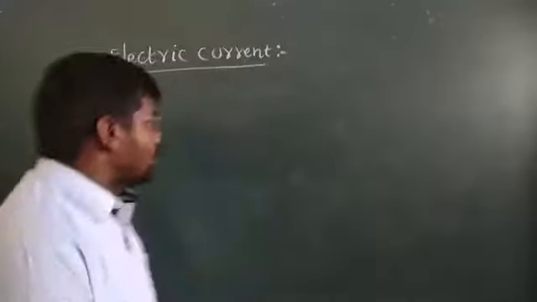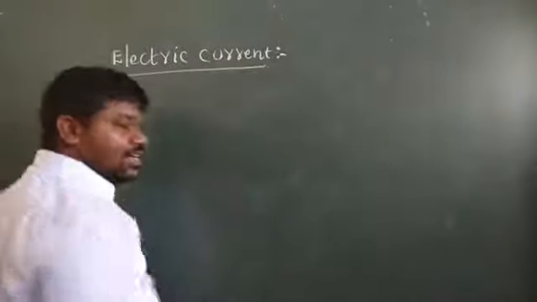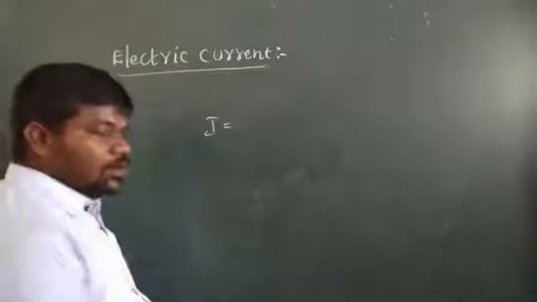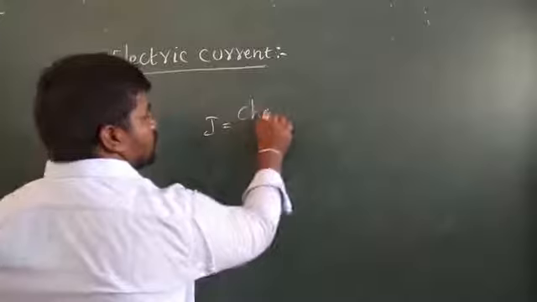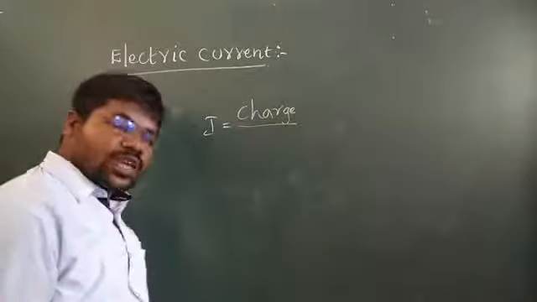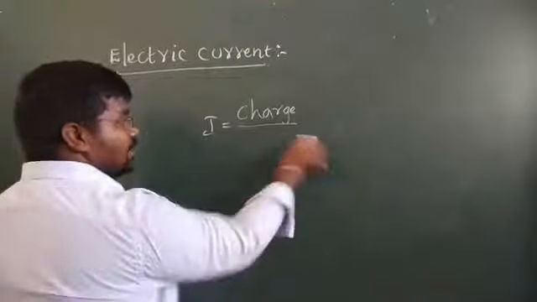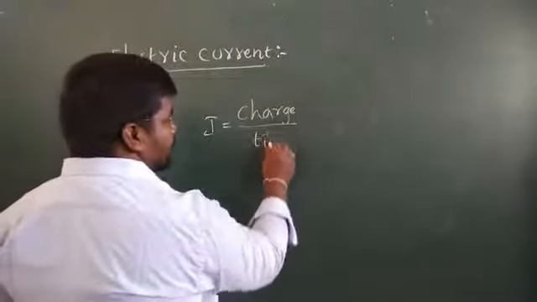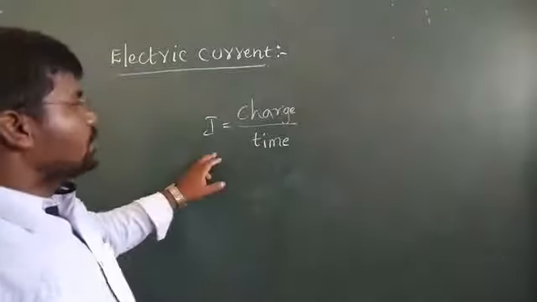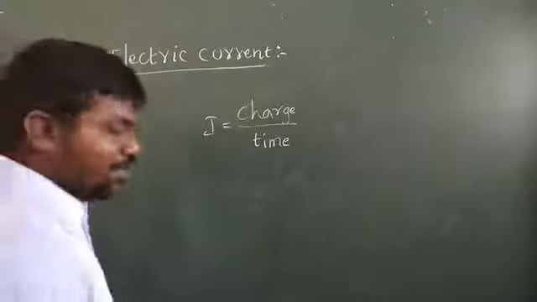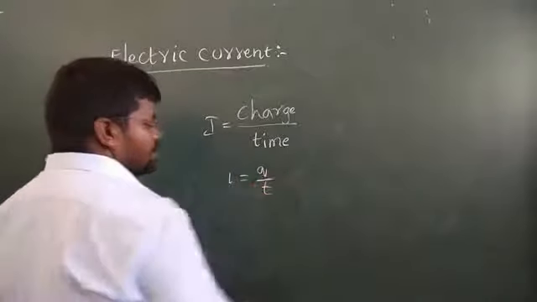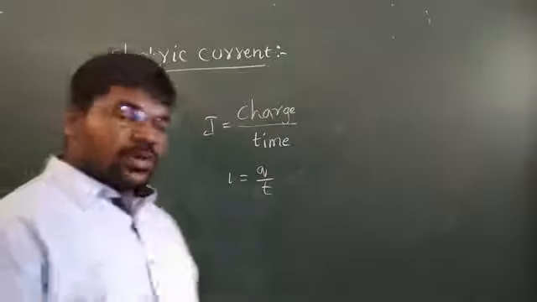Coming to the formula, electric current is denoted I, which is equal to the charge flowing through a conductor in a given time. Current I is equal to charge divided by time, I = Q/t.